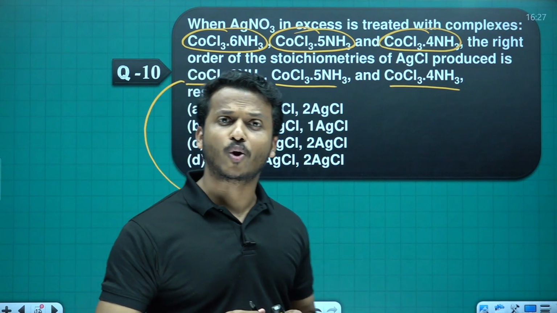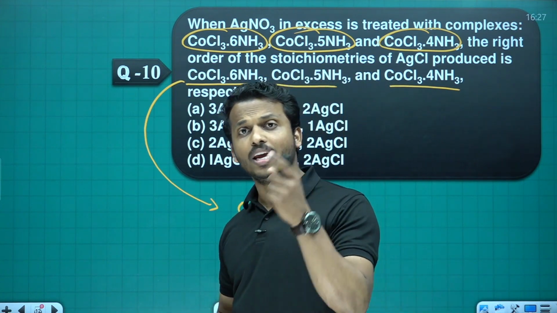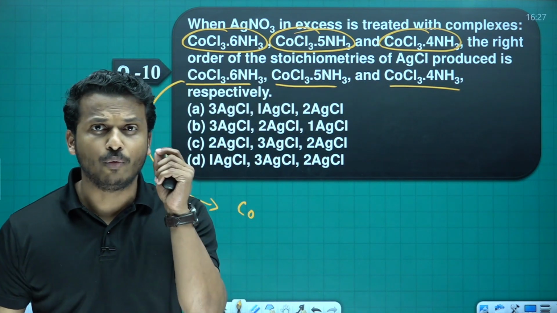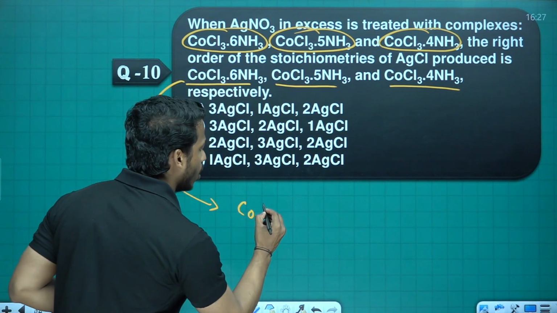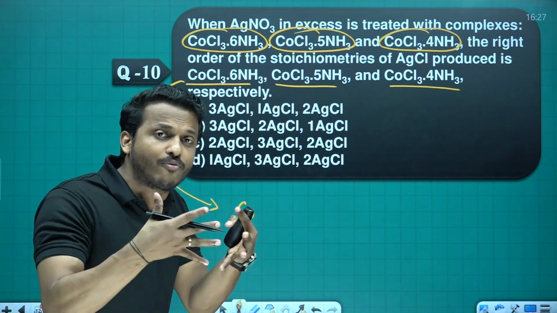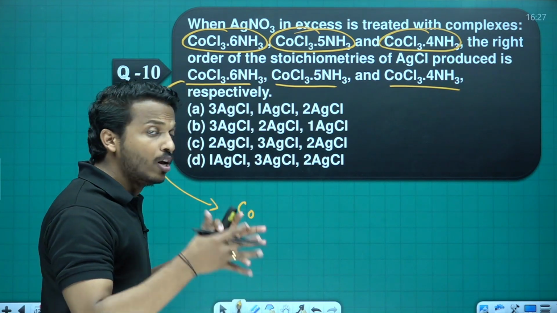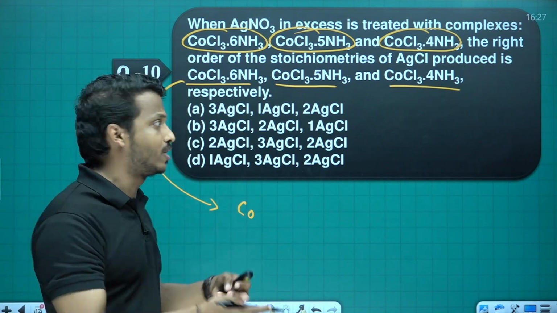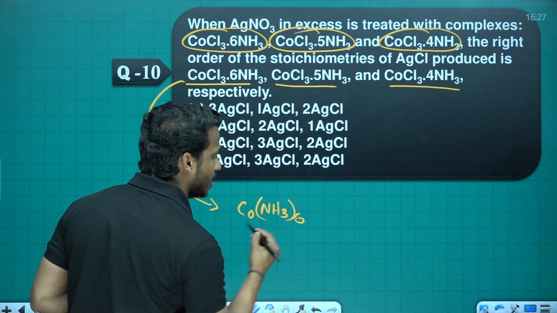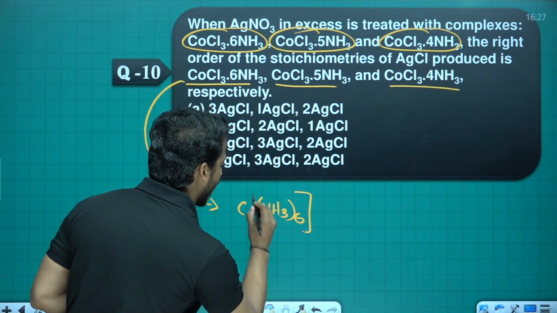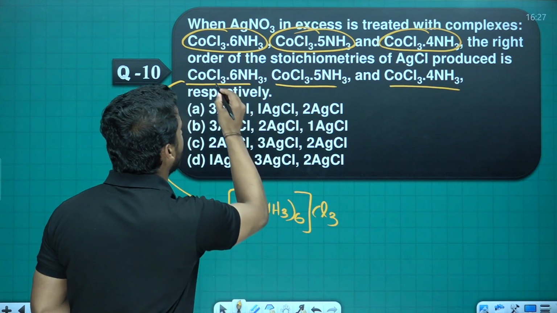You studied the spectrochemical series, where between amine and chlorine, which is the strongest ligand? Amine is the strongest ligand. Always the strong ligand forms the bond first, okay? So strong ligand you add first. So what is the strong ligand? Amine. How many times are the NH3? 6 times. Close the bracket and the remaining 3 chlorine outside.